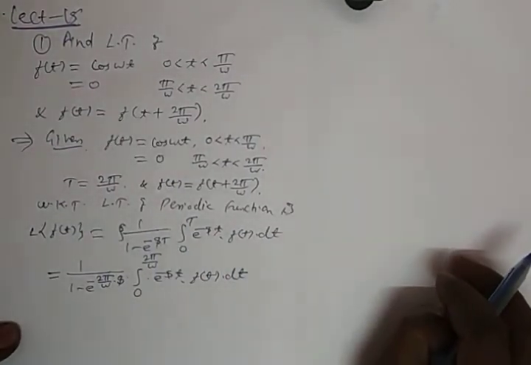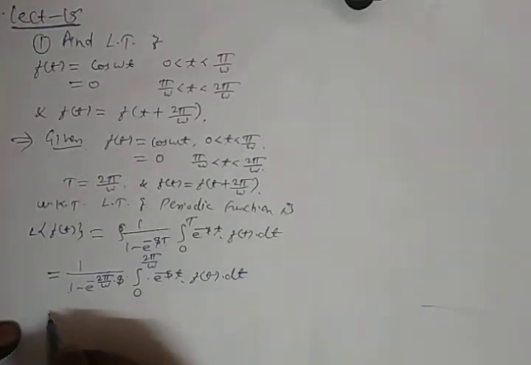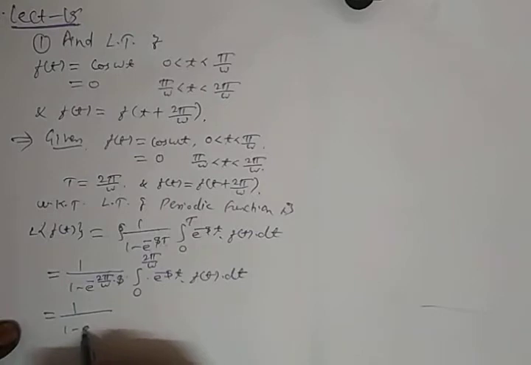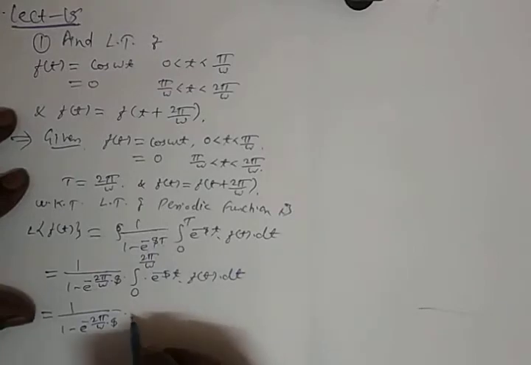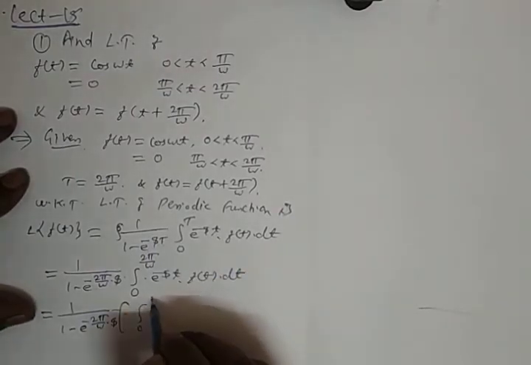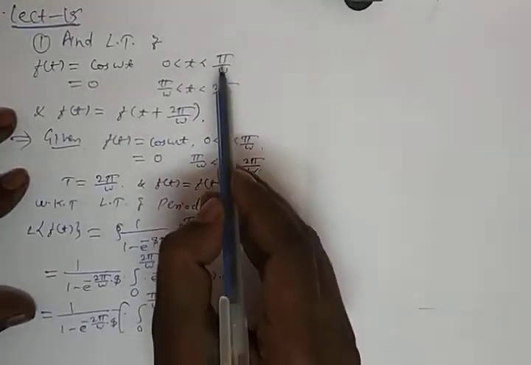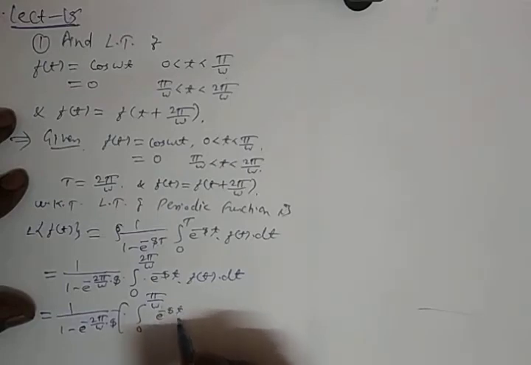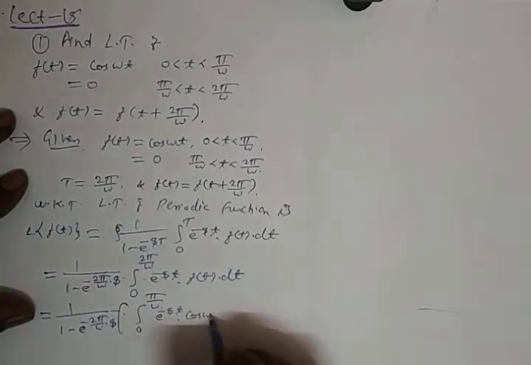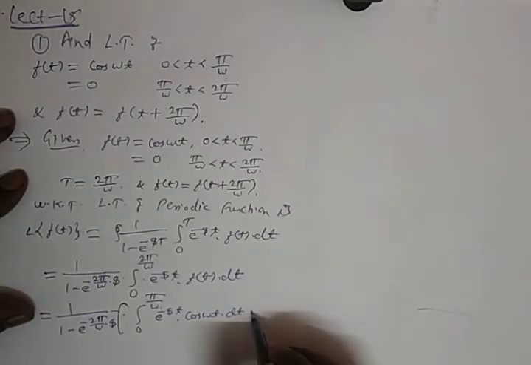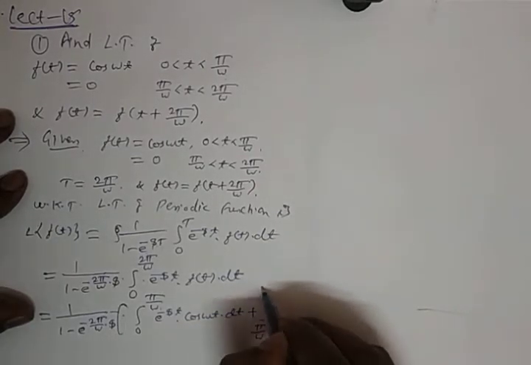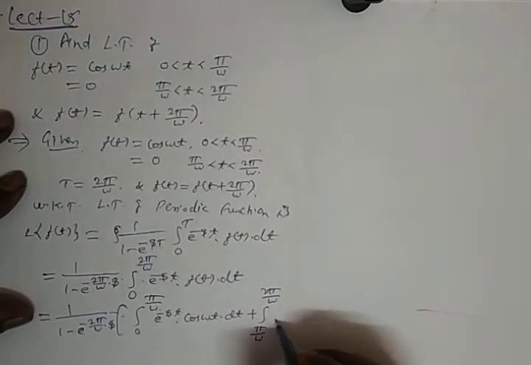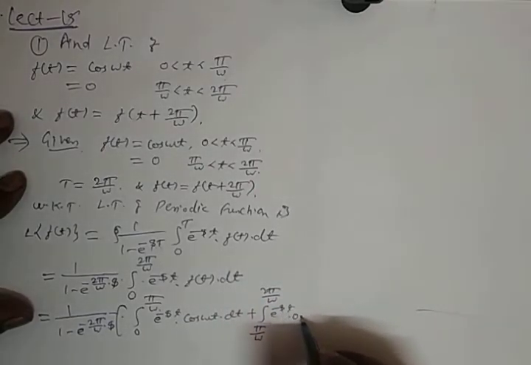Now this period 0 to 2 pi by omega is divided into two parts. So put the values of those parts here: 1 upon 1 minus e raised to minus 2 pi by omega into s, into integration from 0 to pi by omega, where the value is cos omega t, so e raised to minus st into cos omega t dt, plus integration from pi by omega to 2 pi by omega of e raised to minus st into 0 into dt.